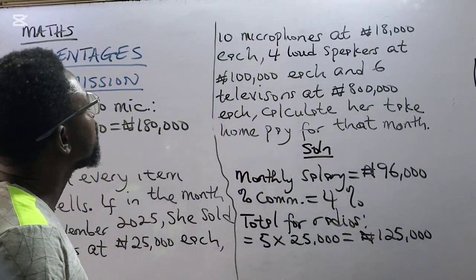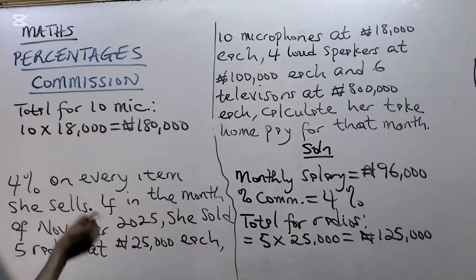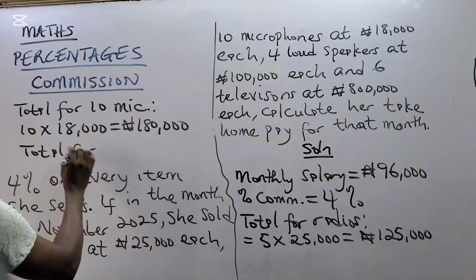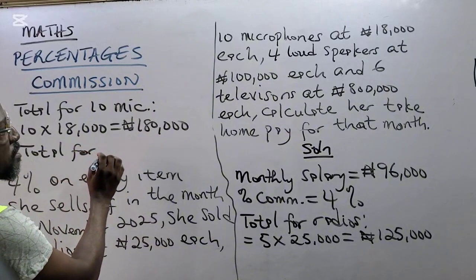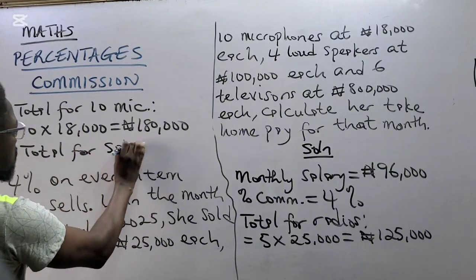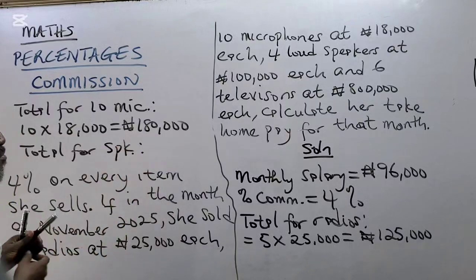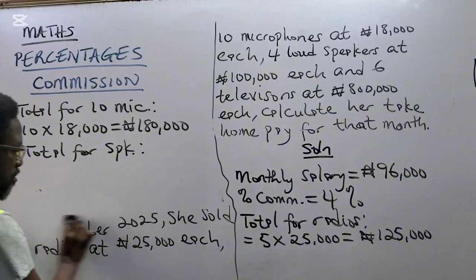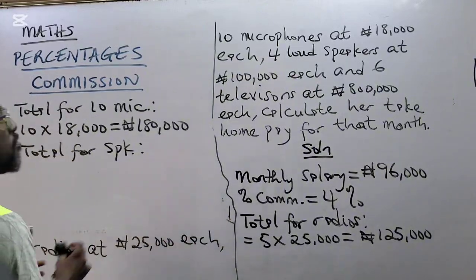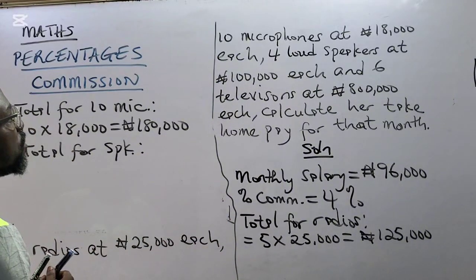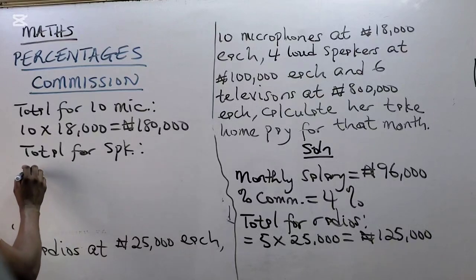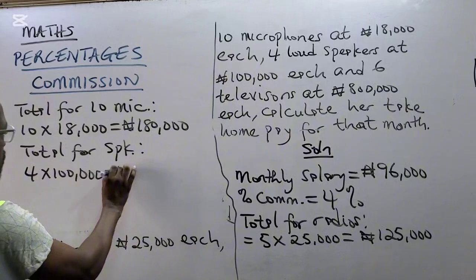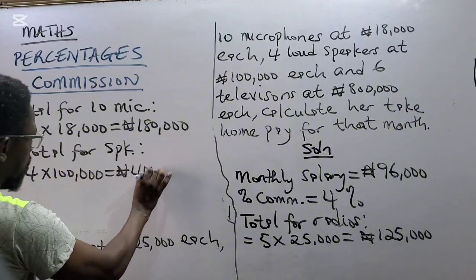Then 4 loudspeakers at 100,000 naira each. The total for the loudspeakers will be 4 times 100,000. That will give us 400,000 naira.